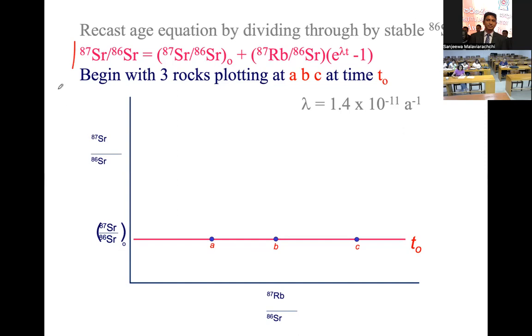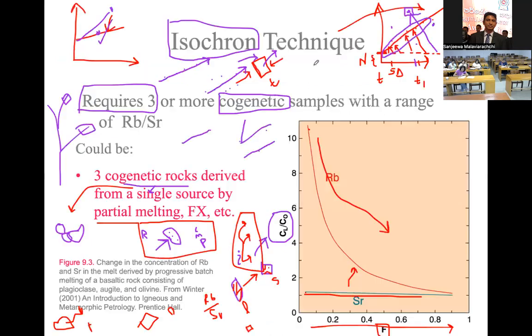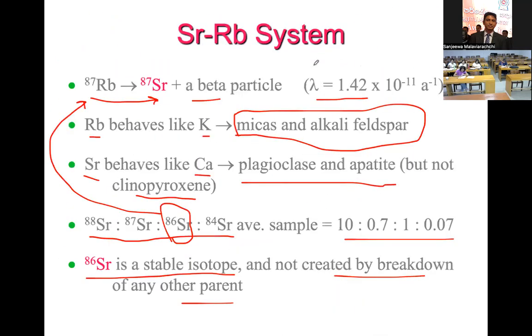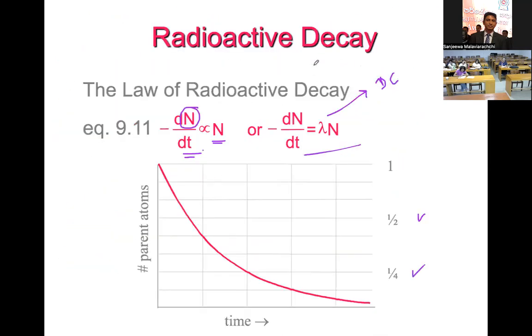This is the present day value of strontium-87 to strontium-86, and the initial value is this one, and this is the amount produced from the radiogenic decay. This is coming from the decay equation. Do you remember that? The original decay equation, it is coming from here.